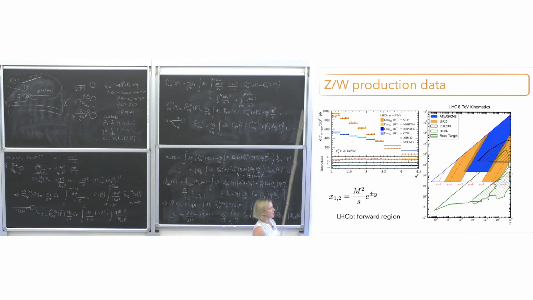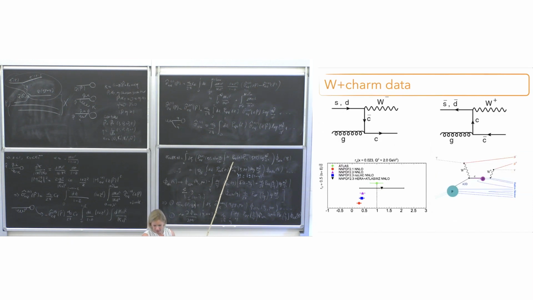You can see this as a function of the invariant mass. While ATLAS and CMS cover more the central region, so the intermediate x range. So this is how to find your way: if I measure that, what kind of x in the parton am I constraining? That's it.